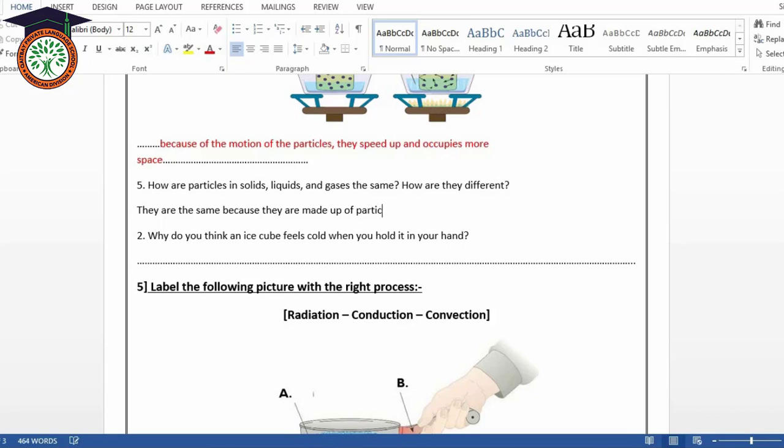So we're going to say that they are the same because they are made up of particles and in constant motion.